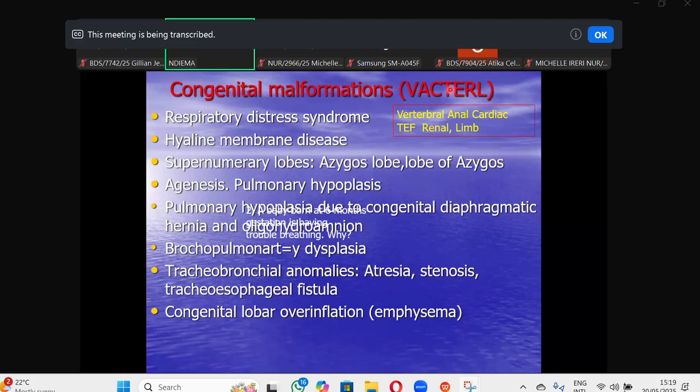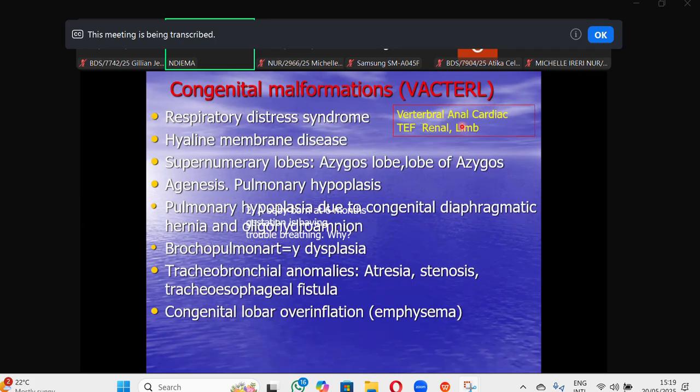This is what we refer to as VACTERL, where we will also have vertebral malformations, anal malformations, like imperforate anus, cardiac malformations, because usually for the heart, neural crest cells also are very important in formation of the cardiac chambers, tracheoesophageal fistula, which we talked about, renal malformations, and limb malformations.